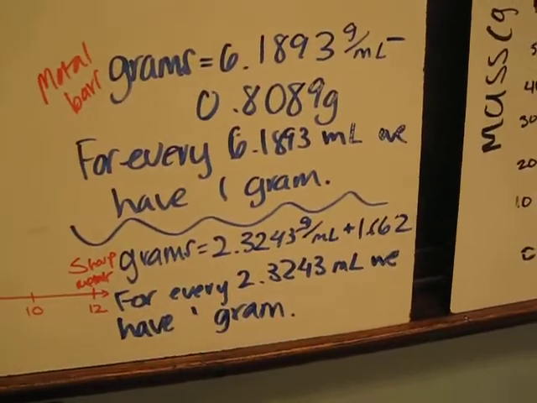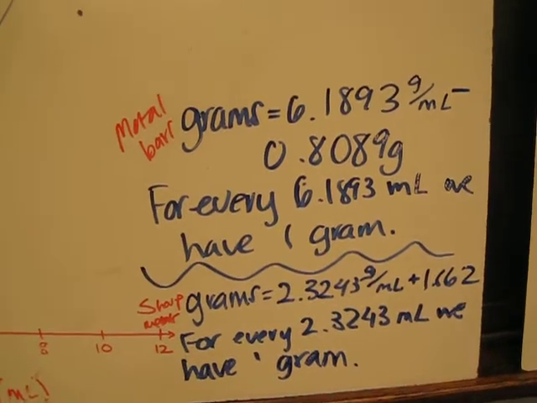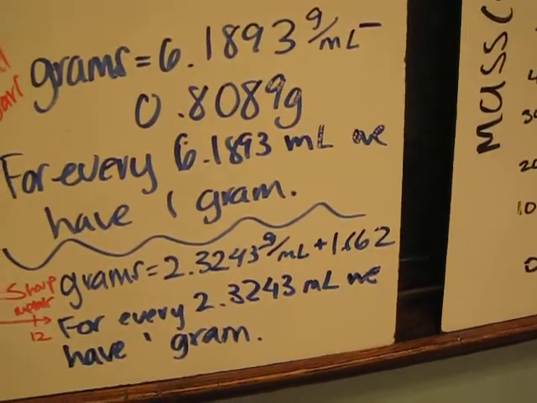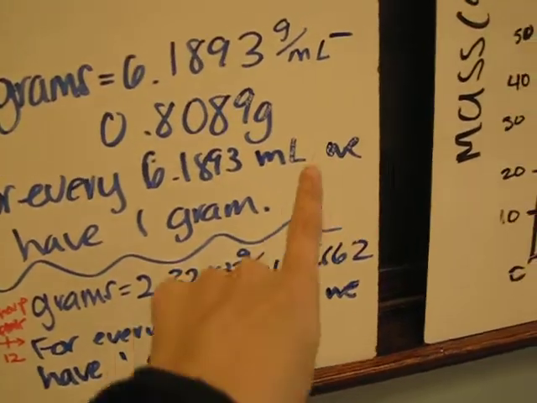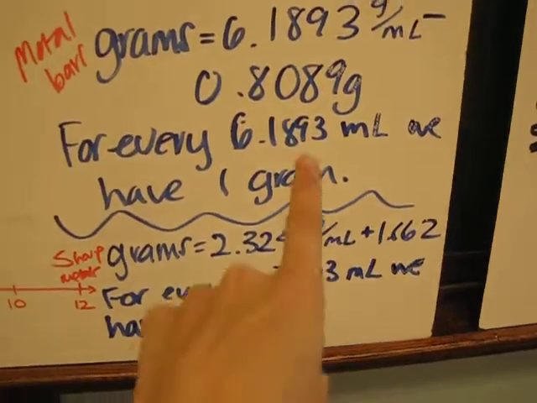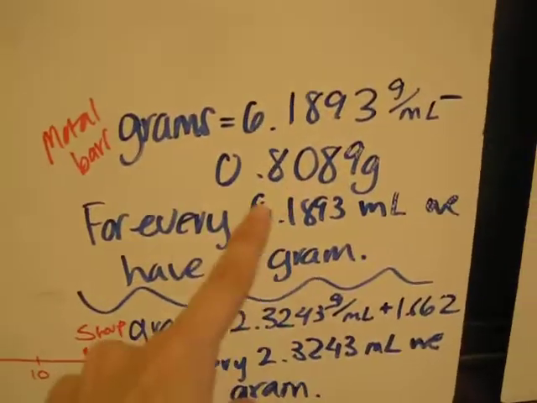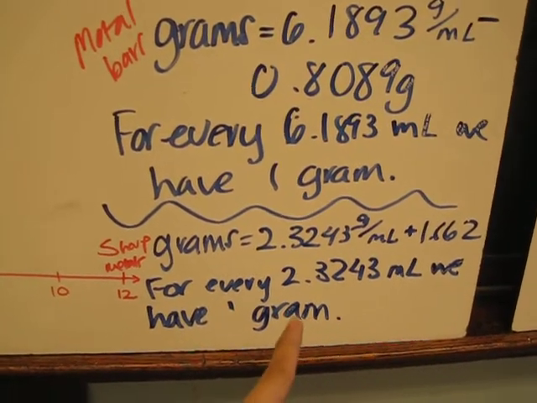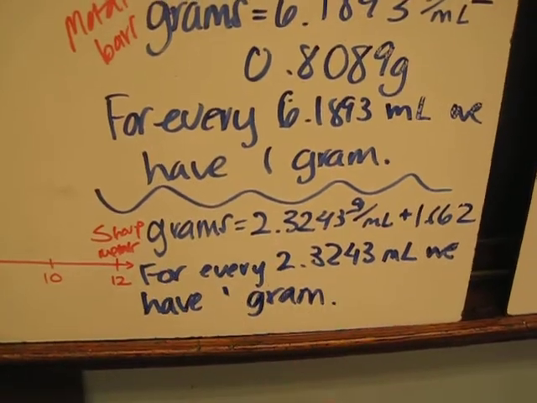If you look at their equation, one thing I would change is this should say mass. And I don't see the X variable anywhere, so there should have been volume in parentheses over here. But I like their units. For the bars, they got around 6 grams per milliliter, and for the sharp metal, they got around 2.3.